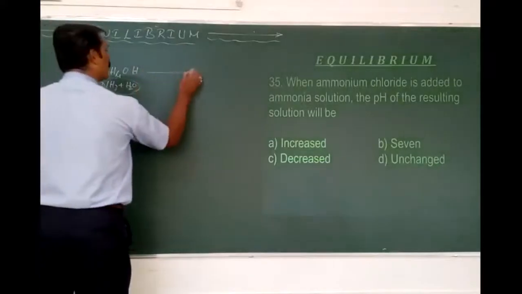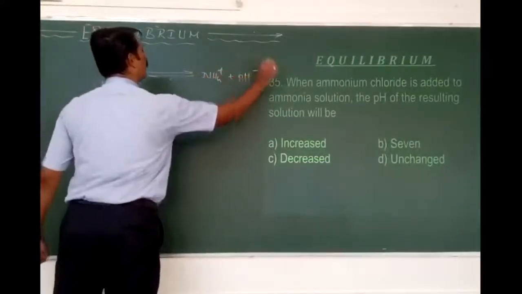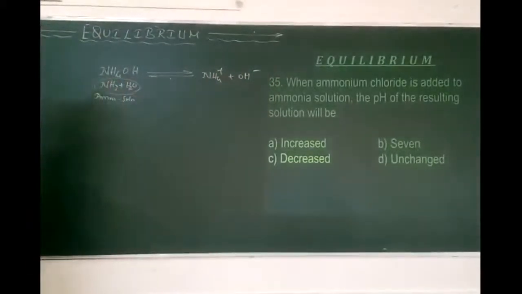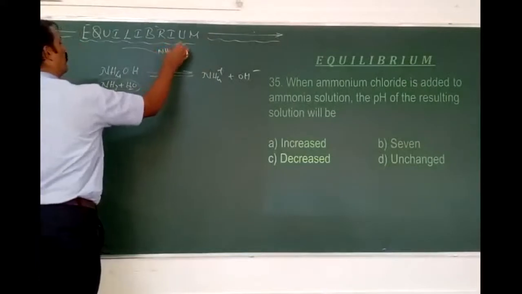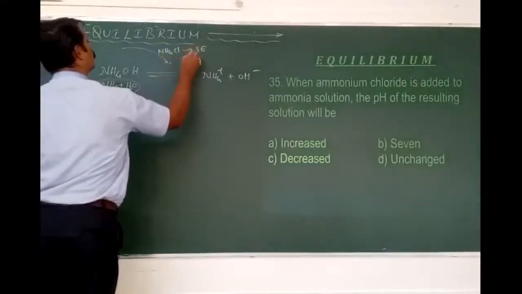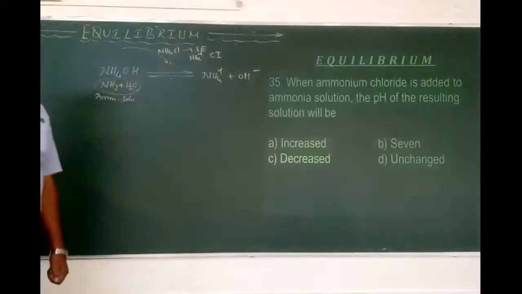We know that it is a weak base, it gets partially ionized to form what and what ion? NH4+ and then what ion? It's a weak base. To this we are adding what chloride? Ammonium chloride. Ammonium chloride is a strong electrolyte containing NH4+ as a what ion? Common ion.